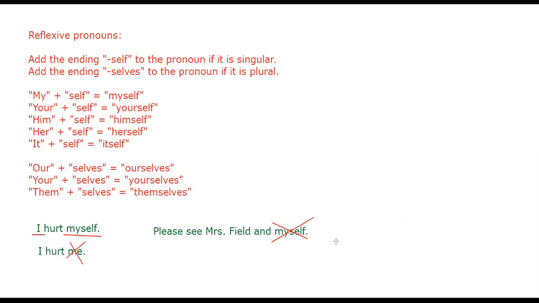And this works with every reflexive pronoun, not just myself. So please see Mrs. Field and myself. No, it should be please see Mrs. Field and me. This is the correct way to say it. You would use me because I'm the direct object of the sentence along with Mrs. Field, but I'm not the subject of the sentence.